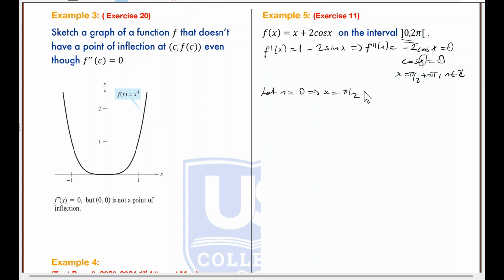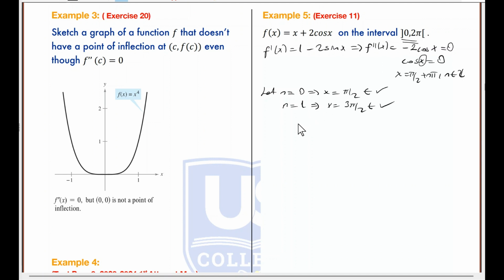So pi over 2 belongs to the given interval, so that's true. Give another value, the next consecutive integer, 1. When n is 1, x will be 1 times pi plus pi over 2, 3 pi over 2. 3 pi over 2 also belongs to the given interval, 1.5 pi.